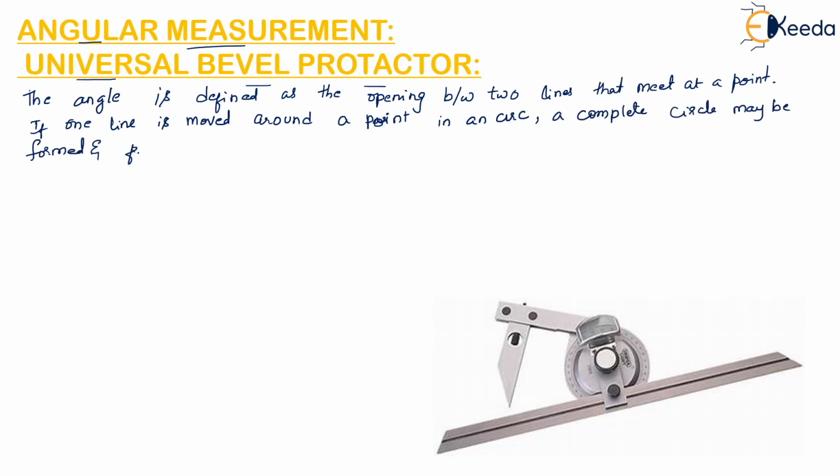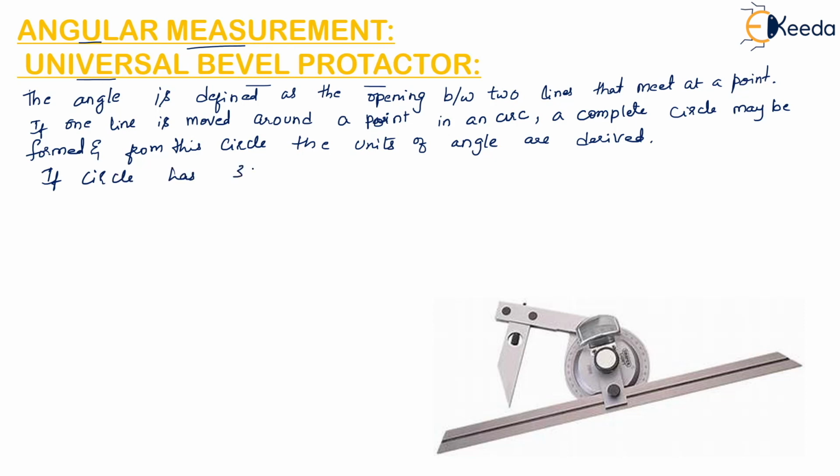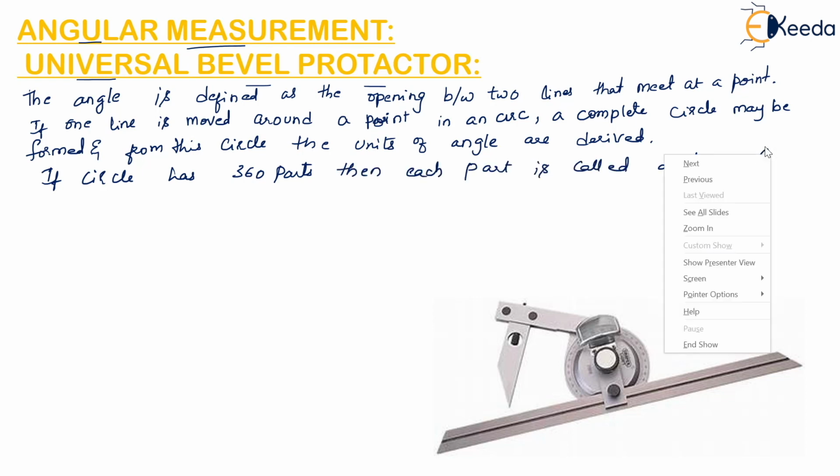And from this circle, the units of angle are derived. So if a circle has 360 parts, then each part is called a degree, which is denoted like this.